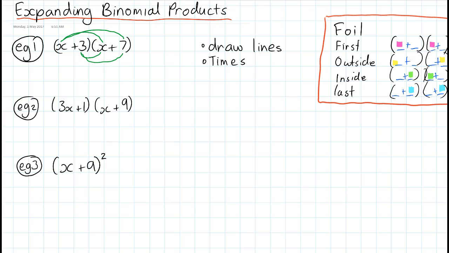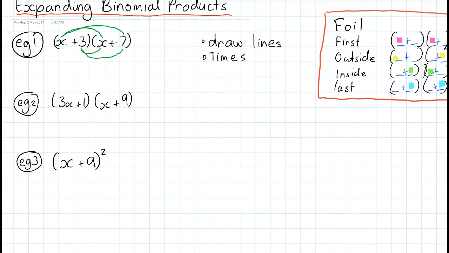You can see that there's a line going from every part of the first bracket to every part of the second bracket, and you just times following those lines. For each of these, I'd actually draw those lines and then times following them.